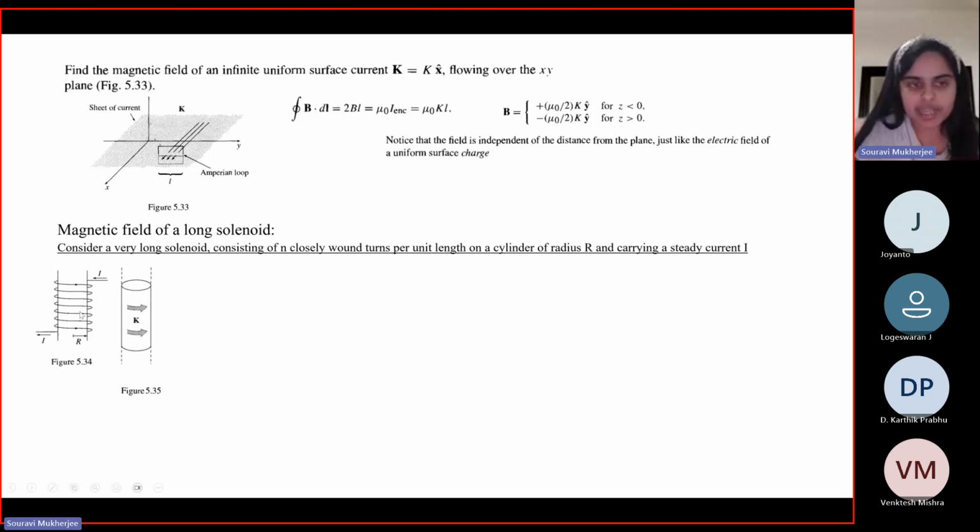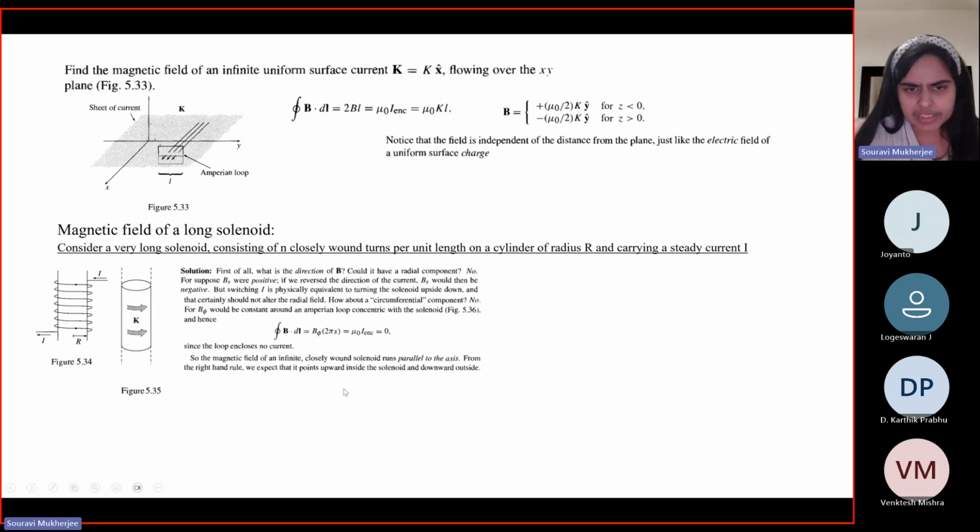Effectively, this is nothing but a surface current density K, where K is given by how many turns you have per length. If you have n such turns per unit length, I'll discuss this in detail, but first you have to find out that this is effectively a surface current density.